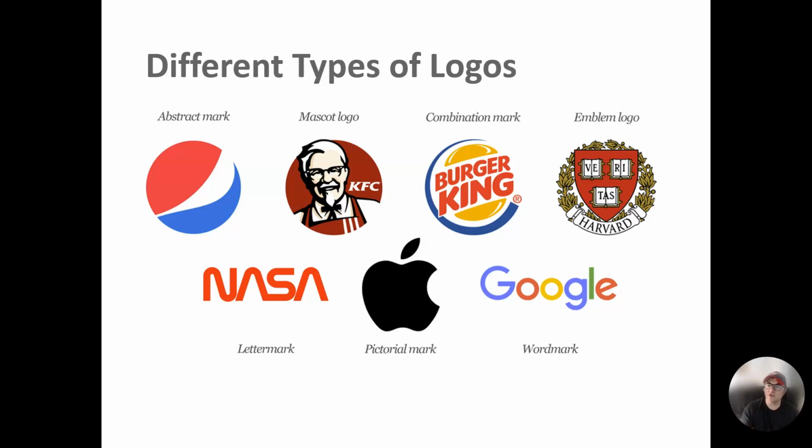Now, emblem logos are a little bit more traditional. They tend to have a little bit more symbolism and are also tied into very prestigious groups such as schools, government facilities, really ornate clubs, or anything like that. We usually see them in a very historic sense, such as Harvard's logo, where it has the wreath with the scroll that says Harvard and the shield that has 3 books that say Veritas on it.